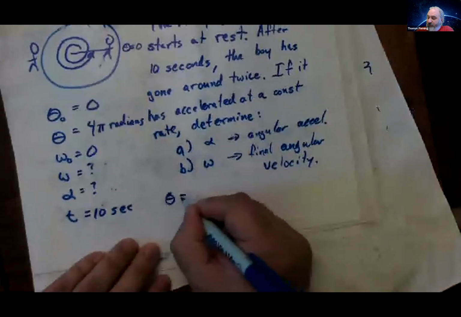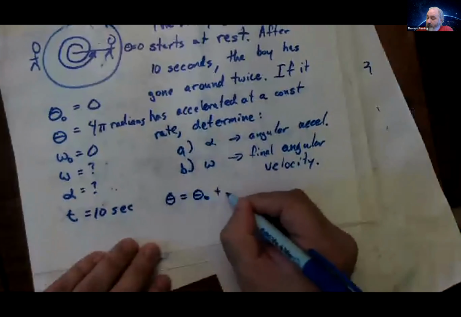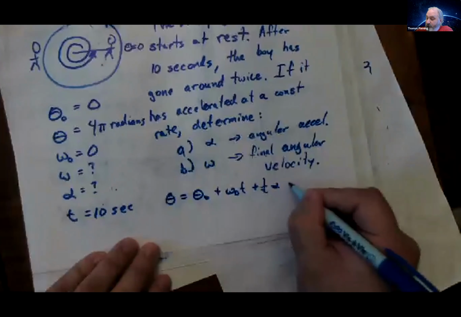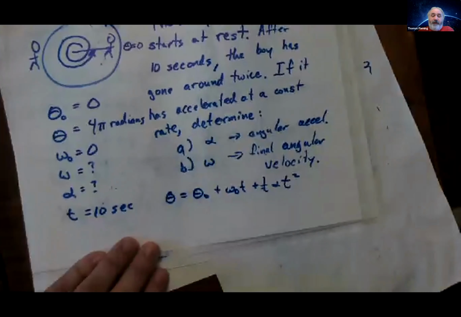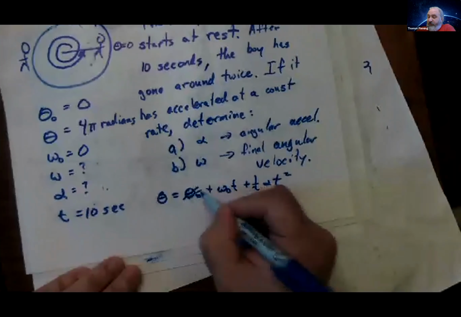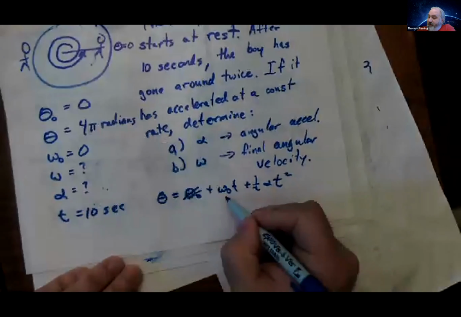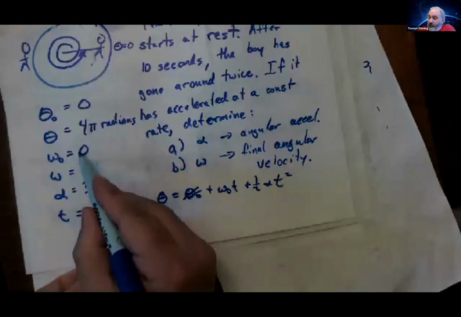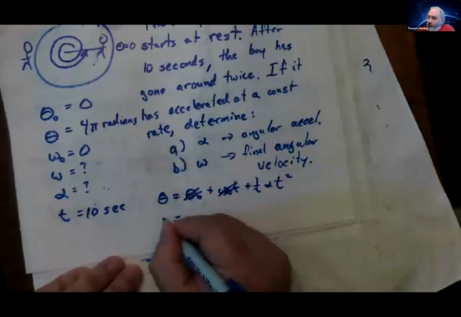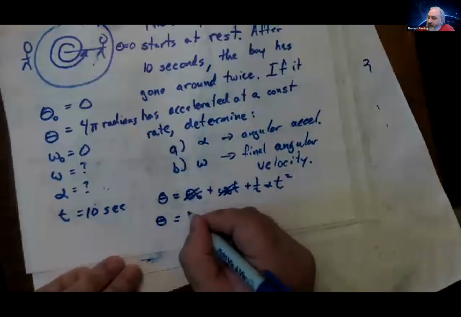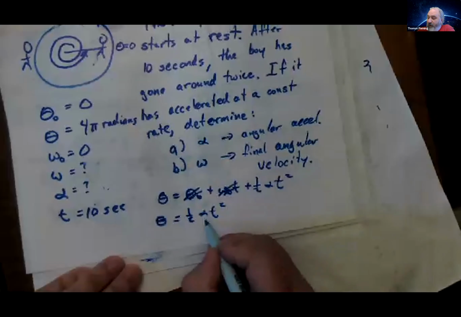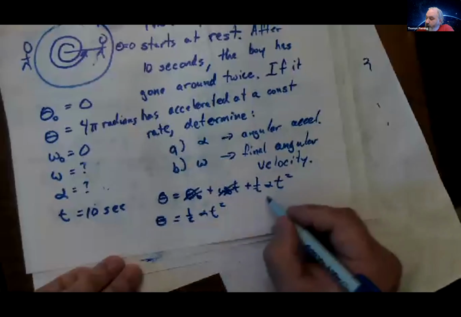So theta final is going to equal theta initial plus omega initial t plus 1/2 alpha t squared. And of course, in this particular example, theta initial was already 0. Omega initial also already 0. That's going to kill this whole term. So all I've got to do is take theta final is 1/2 alpha t squared, and I'm solving it for alpha. So I'll multiply by 2.